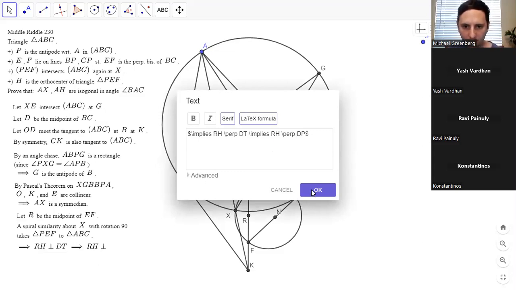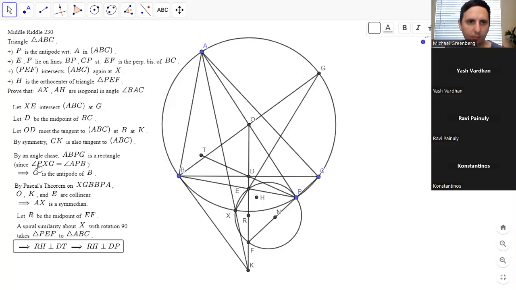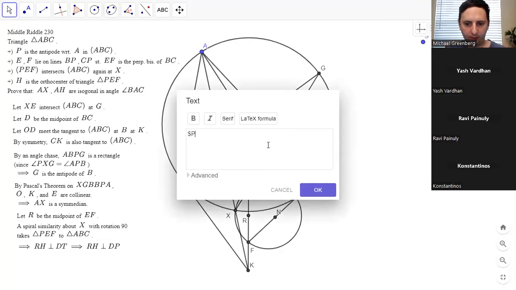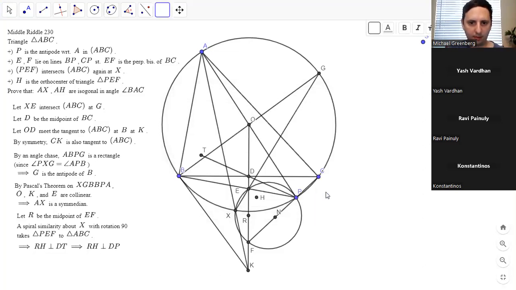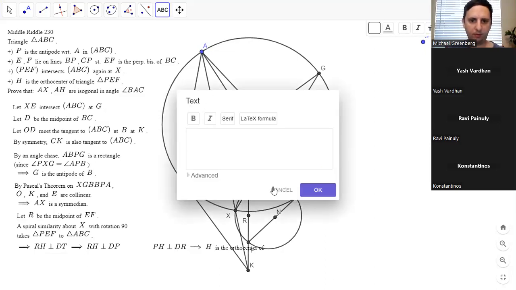And then PH is perpendicular to DR, so we know that H is the orthocenter of PDR.